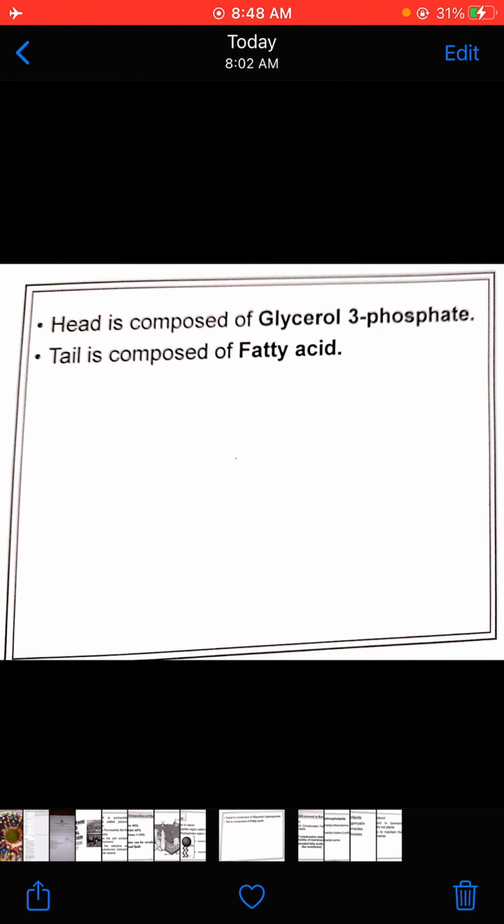So what are fatty acids? The tail of the lipids is made up of fatty acids. They are the non-polar tails of most membranes and are attached to the polar head groups, which is glycerol 3-phosphate. About 50% of the fatty acid groups are saturated, and the difference between saturated and unsaturated is that saturated fatty acids contain no double bond.